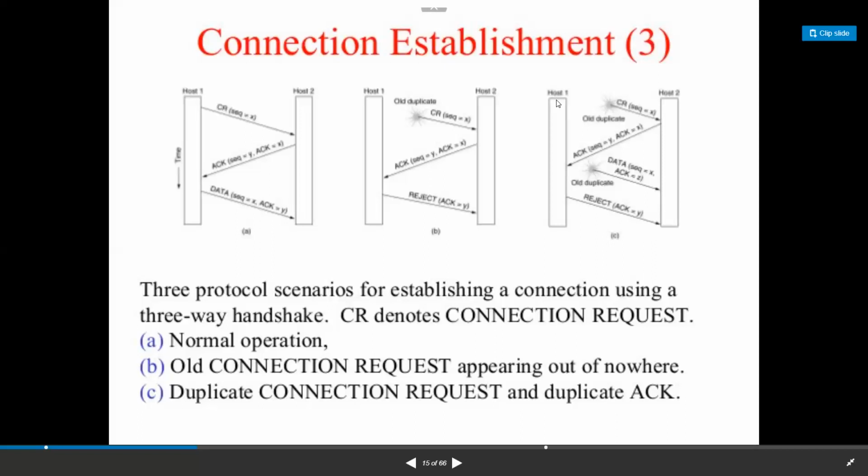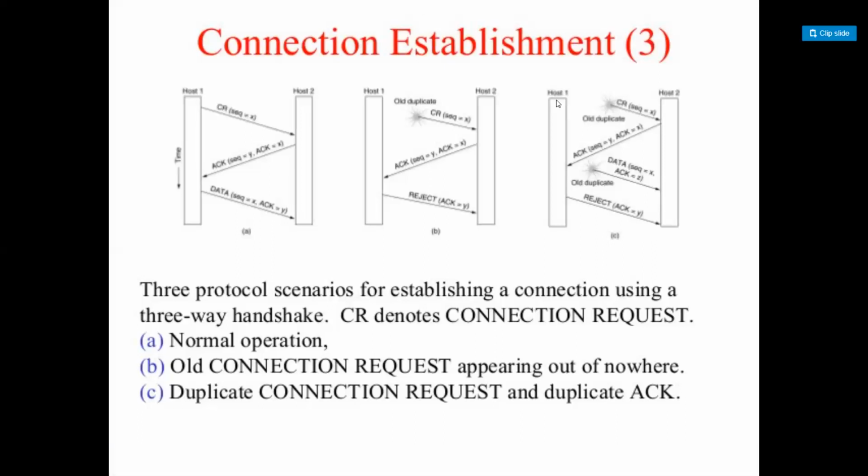Here we have 3 protocol scenarios. The first protocol scenario we have seen is the 3-way handshake method. In the 3-way handshake, first we request a connection, that is, a connection request is sent.